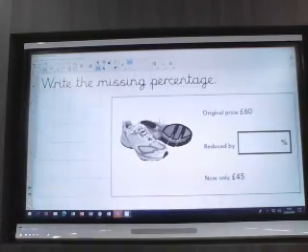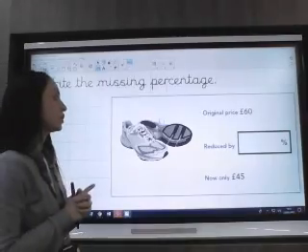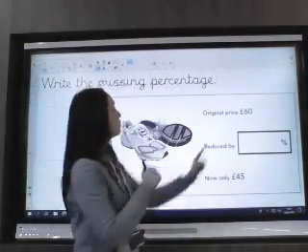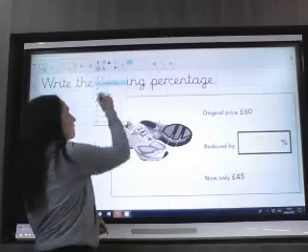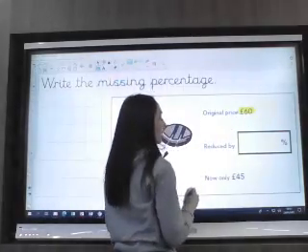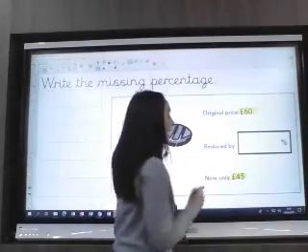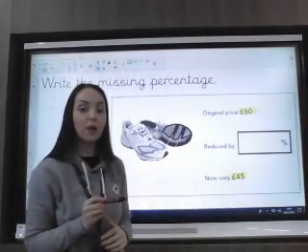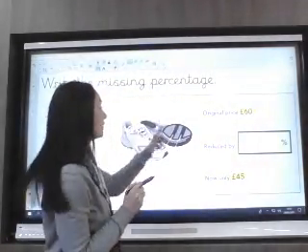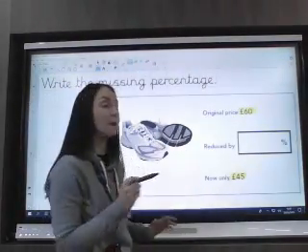This one says, write the missing percentage. So the original price was £60. It's been reduced by a percentage, but we don't know what, and it's now £45. So you need to figure out what that's been reduced by.